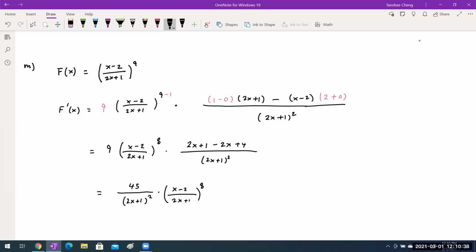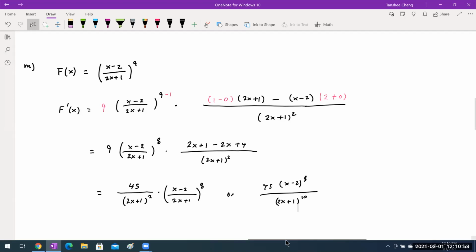Okay, so this is 45 times x minus 2 to the 8th power over 2x plus 1 to the 10th power. You may write it either way, and that's mainly for continuation purposes later on if we need to take the second derivative or not, right?